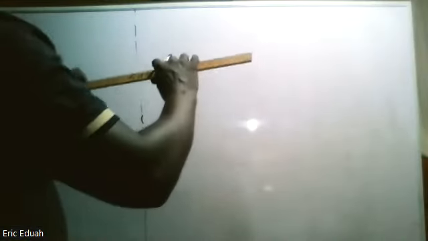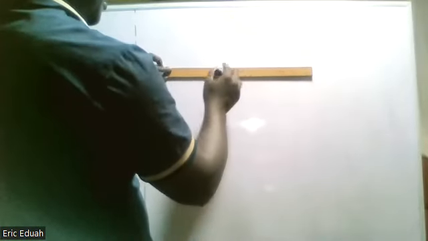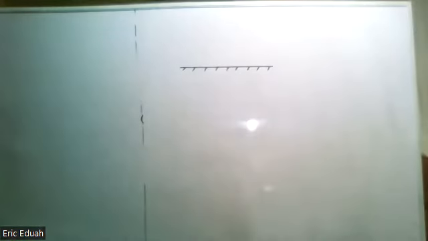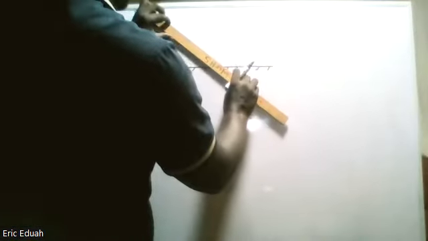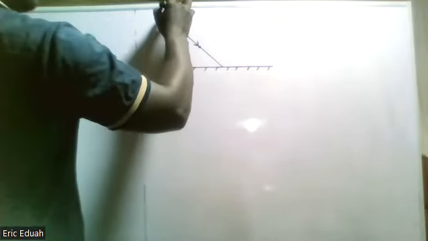So if we have a mirror and there's a source of light beaming a ray onto the mirror, and the source of light is fixed.